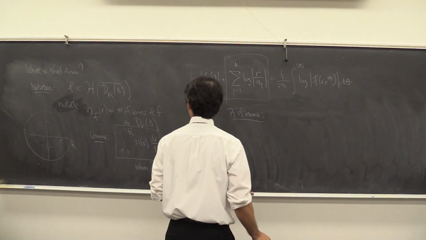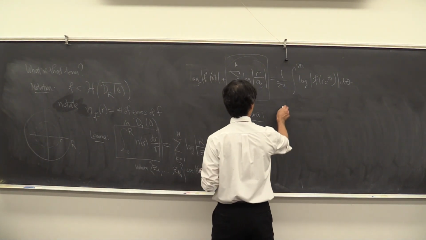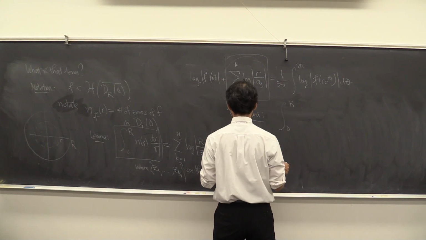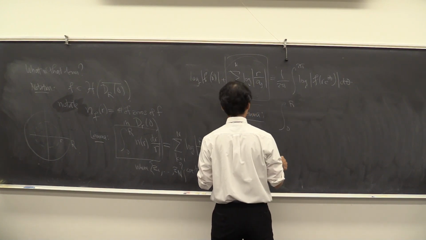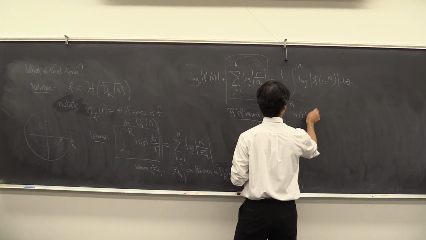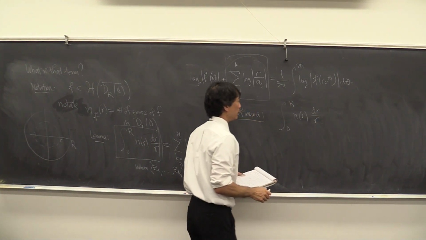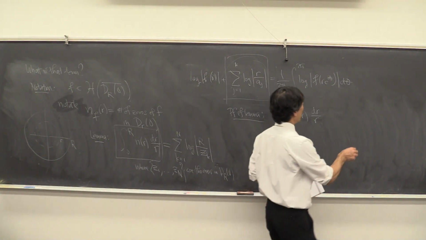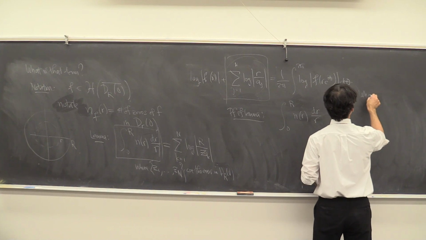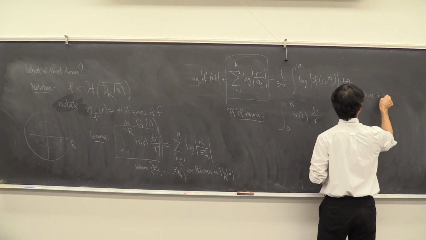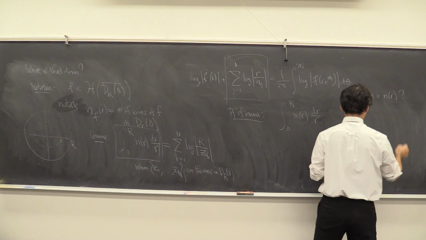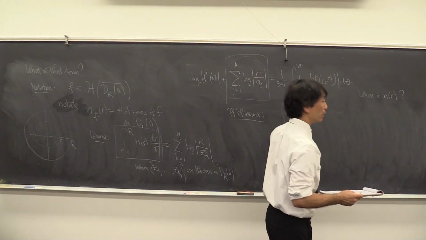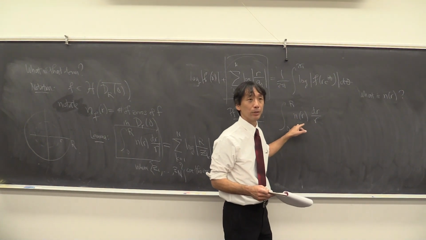So we're looking at this integral here. But if you think about n sub r, what is n sub r? It's just counting the number of zeros.